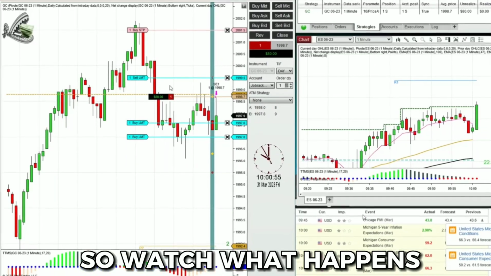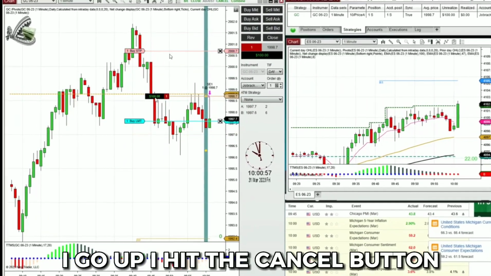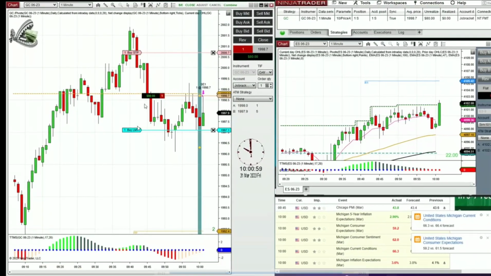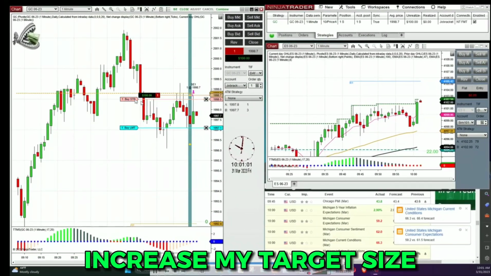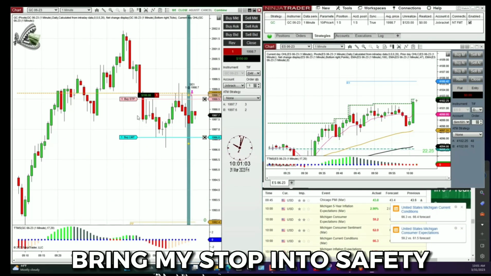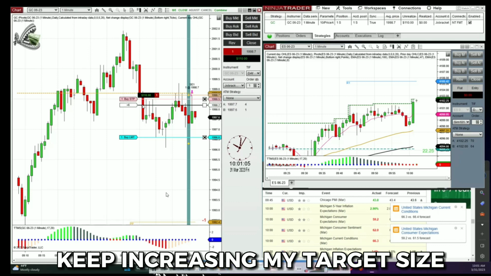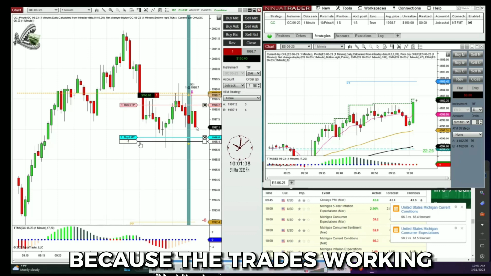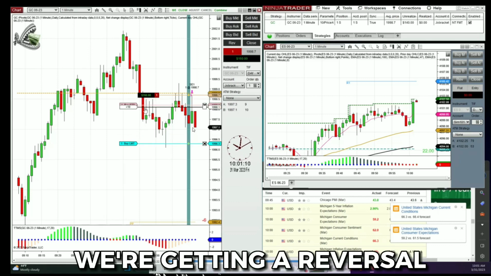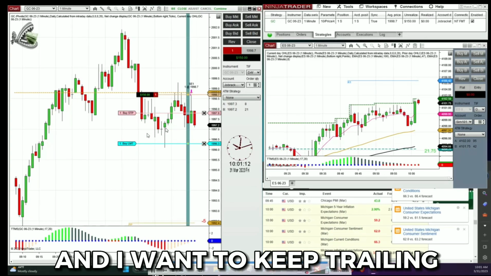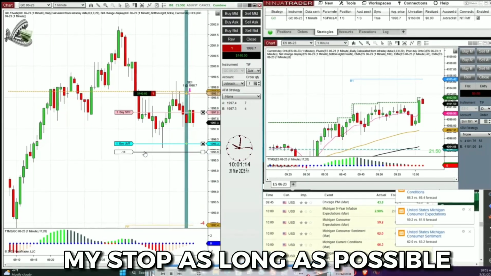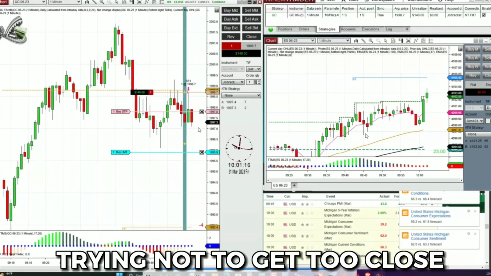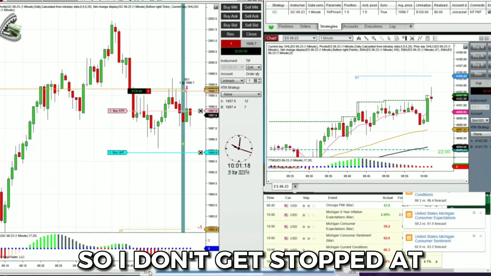So watch what happens. I hit the cancel button, cancel the outer tier, increase my target size, bring my stop into safety, and keep increasing my target size because the trade's working in my direction. We're getting a reversal, and I want to keep trailing my stop as long as possible, trying not to get too close to the current price so I don't get stopped out.